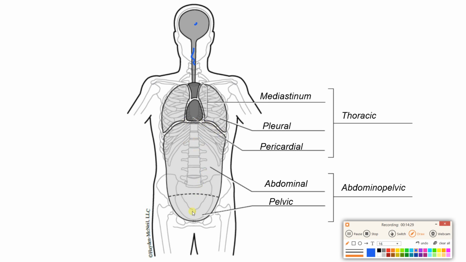Inferior is abdominal pelvic, subdivided into abdominal and pelvic, and superior is thoracic. Two big areas on each side are going to denote my pleural cavities, each associated with a lung. The middle of the thoracic cavity is the mediastinum, and the inferior portion of that has a cavity associated with the heart called the pericardial cavity. All right, wow, good job.